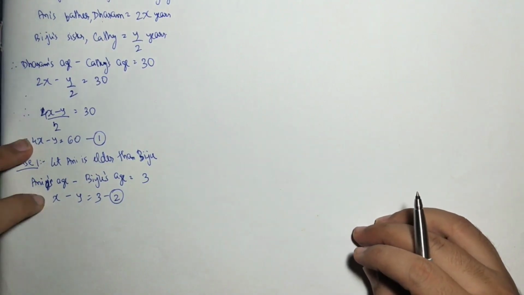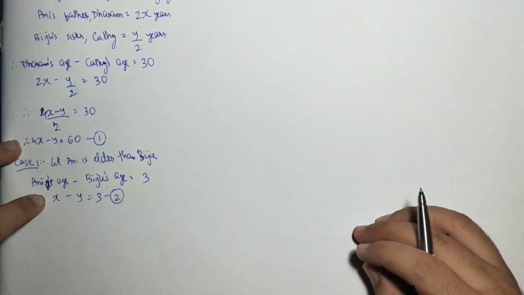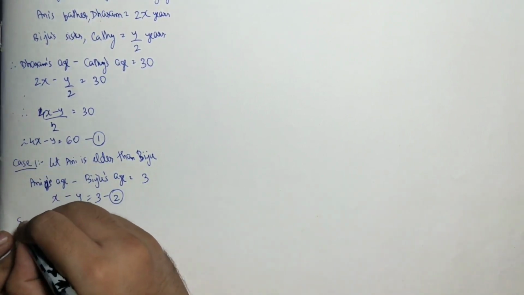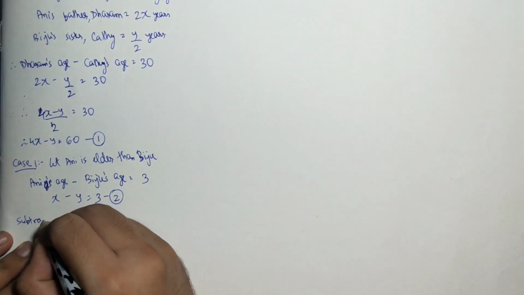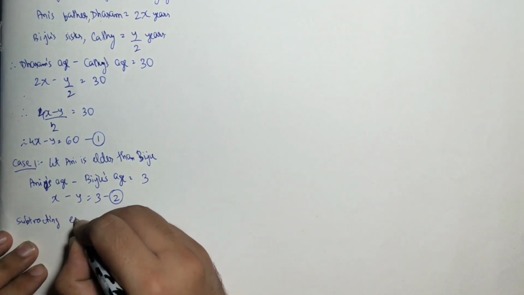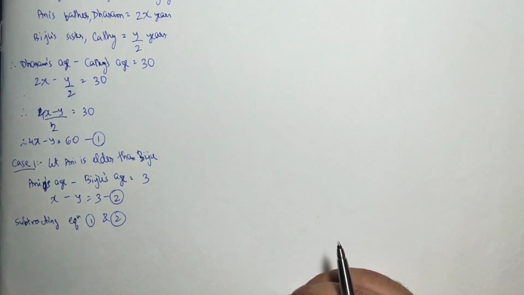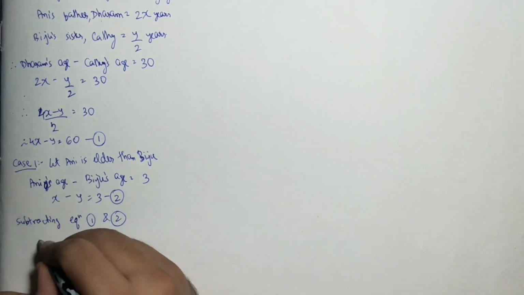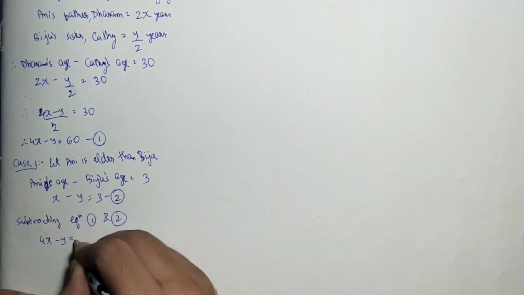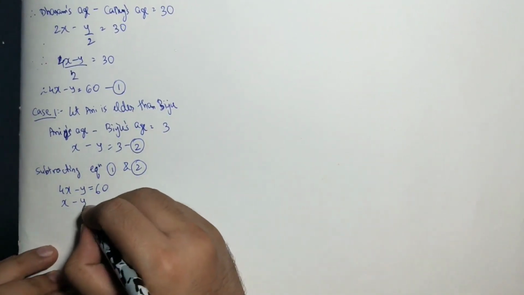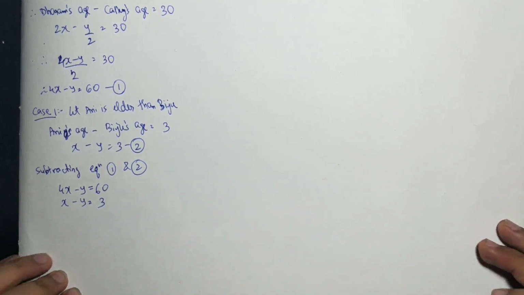Now solve these two equations. I will be subtracting both equations because the coefficient of y is the same, and the sign is the same, so we are subtracting equation number 1 and 2 without multiplication. 4x minus y equals 60. x minus y equals 3.